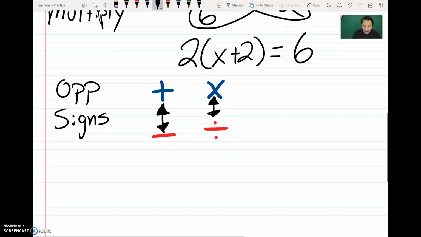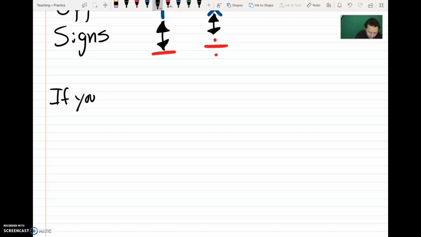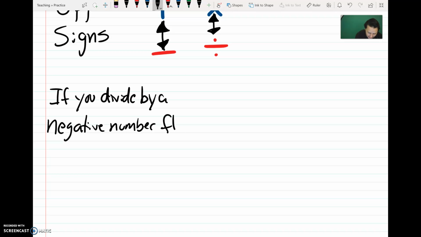All right? And the last thing that we need to remember, guys, is that if you divide by a negative number, flip the inequality. So what do I mean by that?